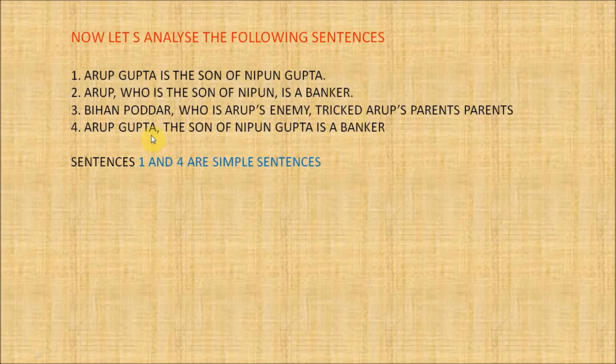And in sentence 4, we have one verb, that is "is". Since sentences 1 and 4 only have one verb each, we can say that these two sentences are made up of one clause, and therefore they are simple sentences.